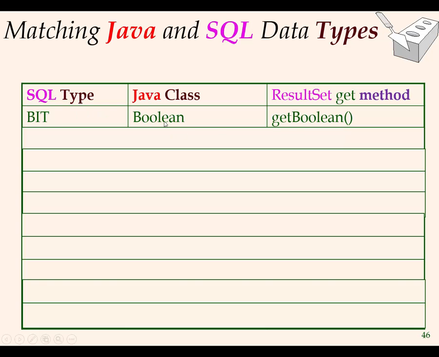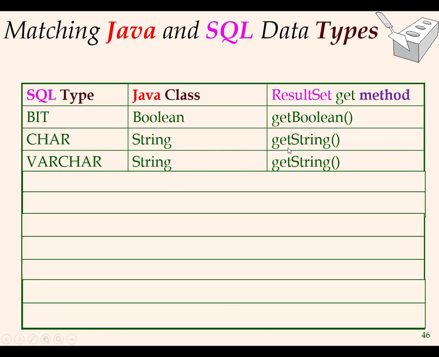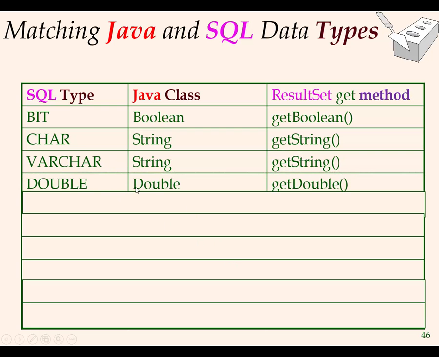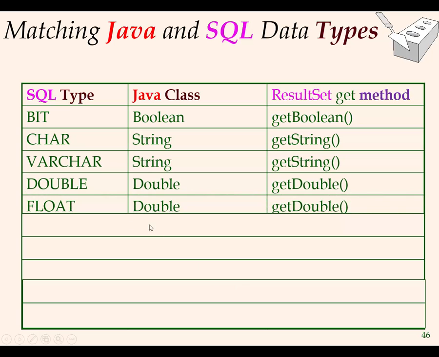So a bit is a Boolean. To get the value, you use getBoolean. The char is a string, so to get the value, use getString. So again, these are classes, and these are the methods that allow that. In varchar, the same thing. The double maps to the wrapper class Java Double, and getDouble will give you that value. This float, the same thing. It's a double.